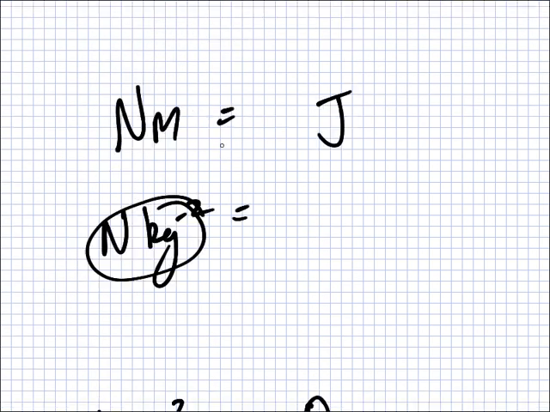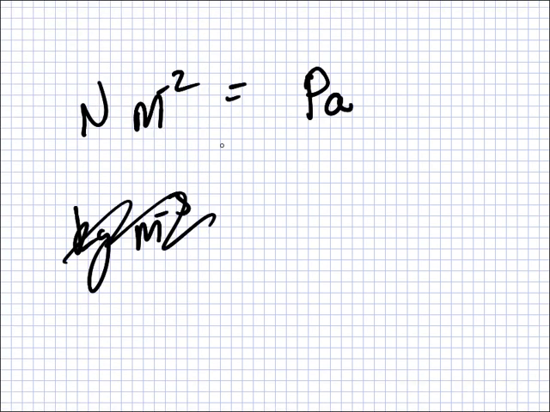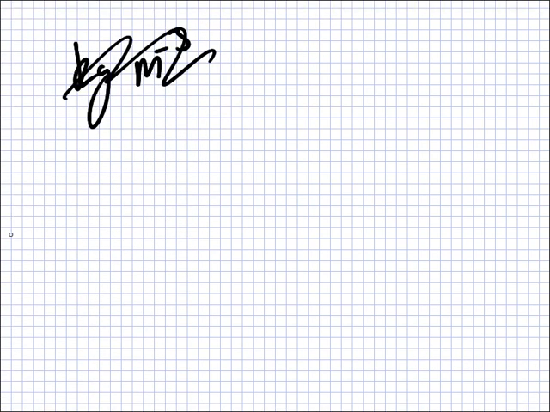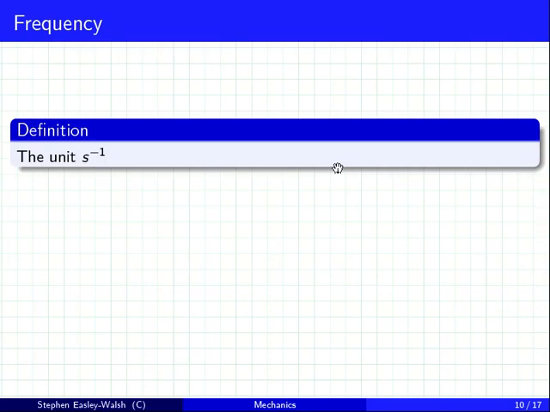Kilogram meter per second squared is a newton. So anyways, the unit per second has its own name.